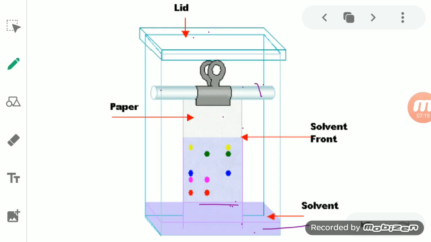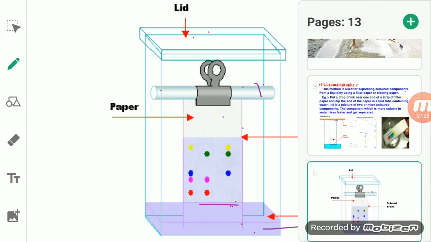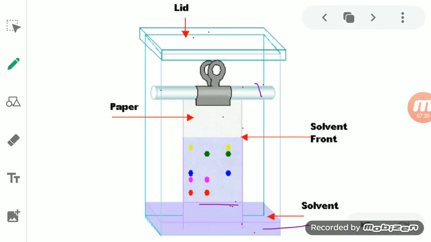Now what should be the condition? When you dip the lower end of the paper strip in water, the pencil line which we made about 3 centimeter from one end will remain above the water level in the jar.